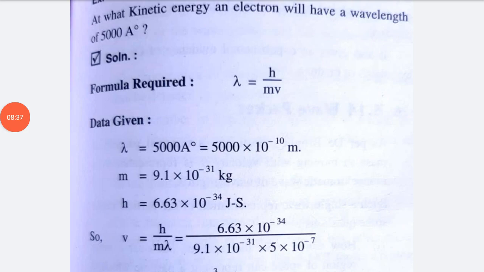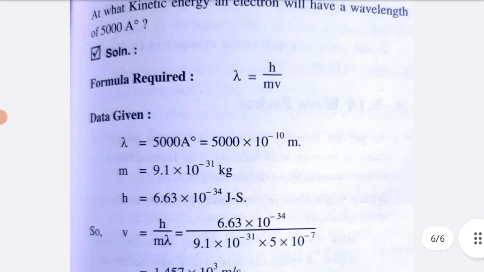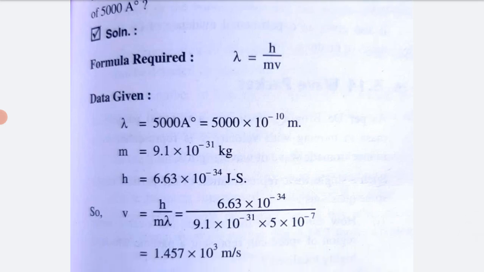And the last example: at what kinetic energy will an electron have a wavelength of 5000 degree angstrom? The formula required is lambda is equal to h upon mv. We know the values, lambda is equal to 5000 degree angstrom converted into meter, mass is equal to 9.1 into 10 raised to minus 31 kilograms, h is equal to 6.63 into 10 raised to minus 34.